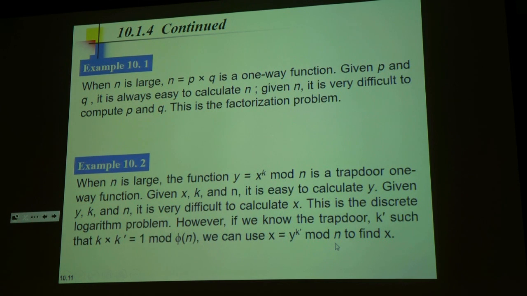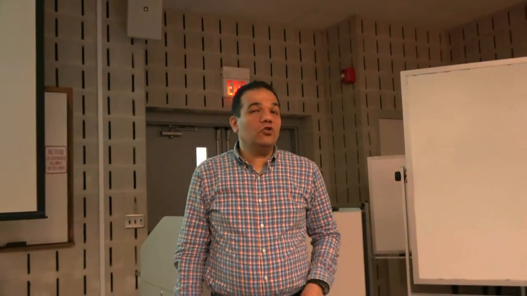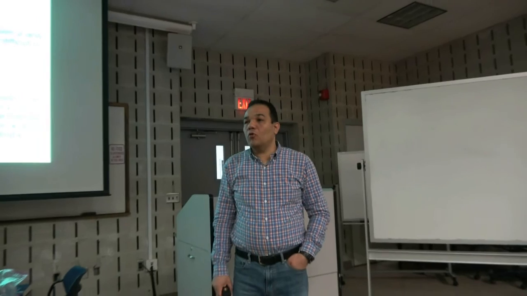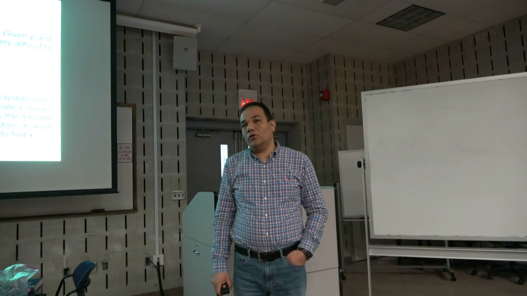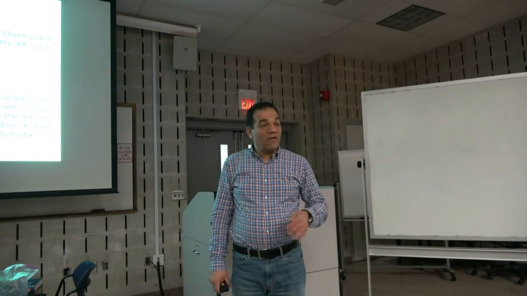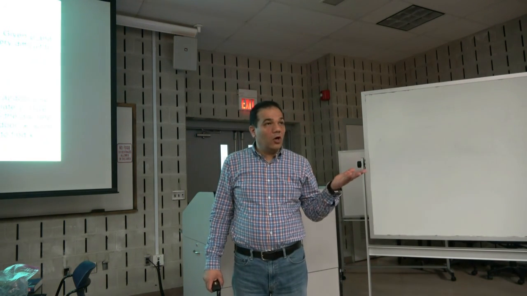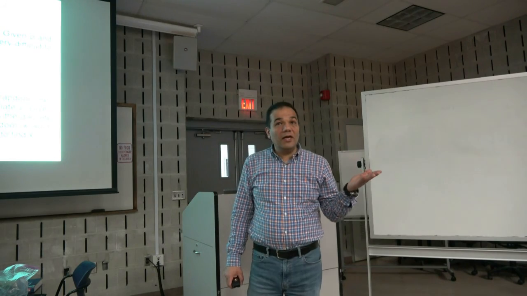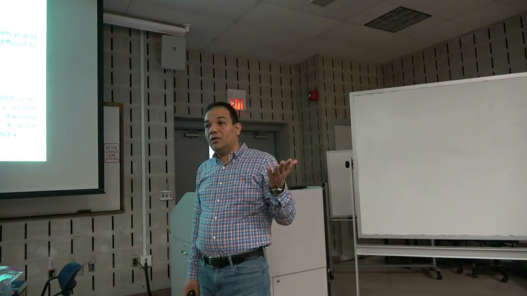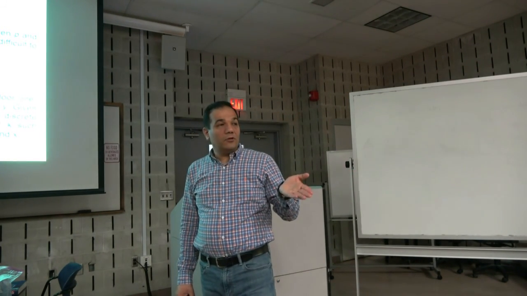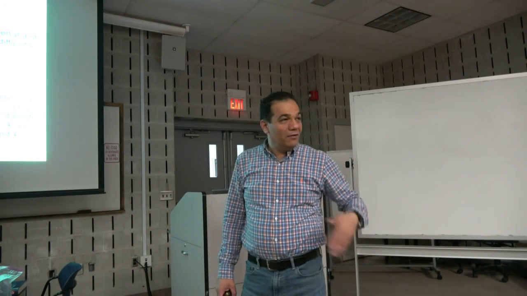If n is so big, like 300 digits, is it easy to calculate p and q? It's very hard. Possible if you have a very complex supercomputer, but it's very hard. So this is what we call a one-way function. Remember that when you decrypt, you need to decrypt in real time.